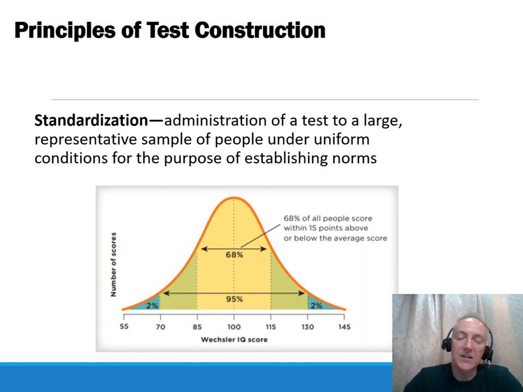That means that before a test is even on the market and available for a psychologist to purchase and use, that test is first given to sometimes thousands of people of different ages and demographics to establish norms, to figure out what people of different ages could typically do, so that when you, as a real person taking the test, have results, we have a reference to compare it to.